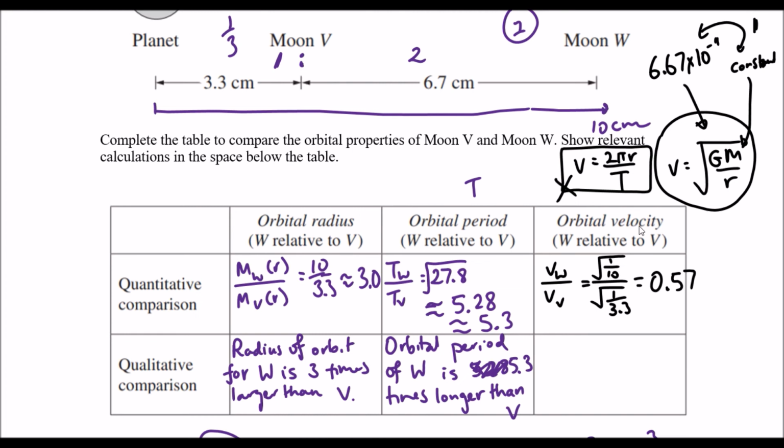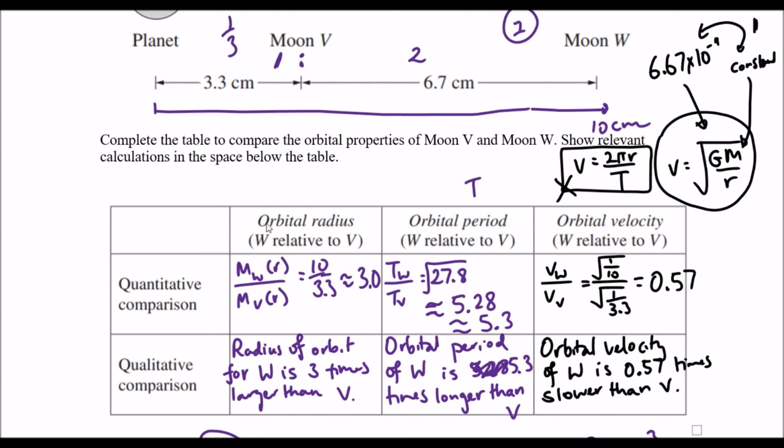So the conclusion we can write for the qualitative comparison is the orbital velocity of W is 0.57 times slower than V. So there's our conclusion there.